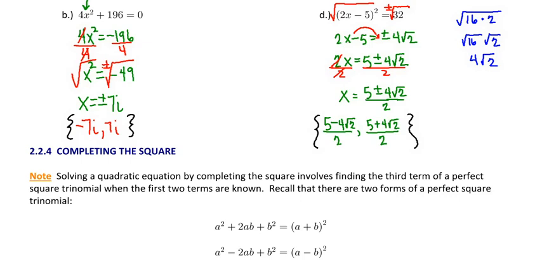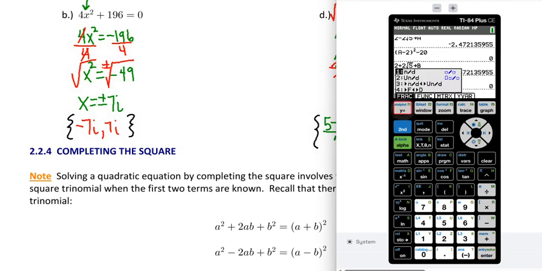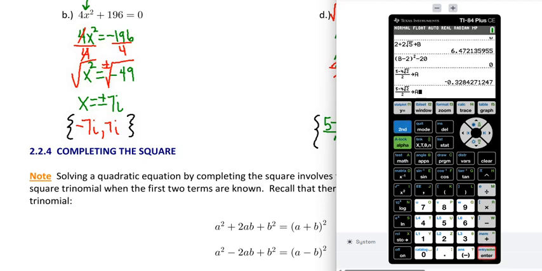Okay, let's go through the process of checking this with our calculator again. So I want to store my two solutions in my calculator. The first one was 5 minus 4 square root of 2 divided by 2. I'm just going to store this in letter A again. It's going to replace what was there previously. And here I'm going to do a shortcut. Second, enter.